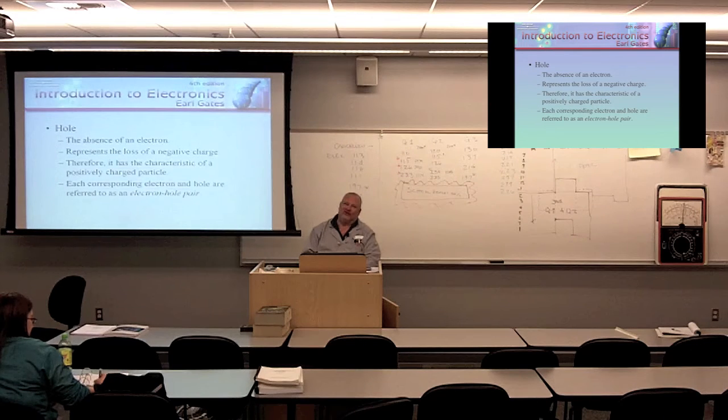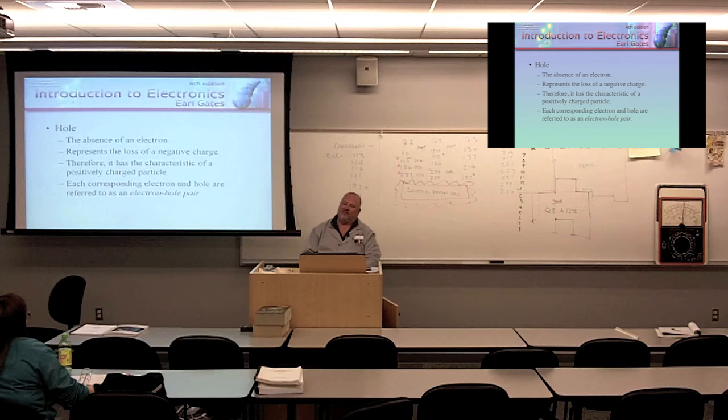Anyway, that's not the Hole we're talking about here. We're not talking about the female progressive rock band from Seattle. We're talking about the absence of an electron. Now, how do we create an absence of an electron? The process is called, well, here it's called doping, but up to this point, wasn't it ionization? If we apply energy to matter, we could knock an electron off. Off what? Off the valence shell.